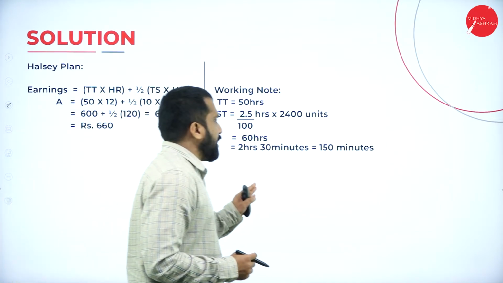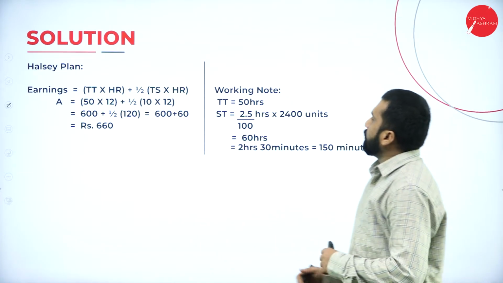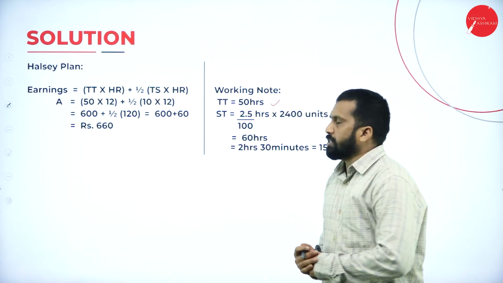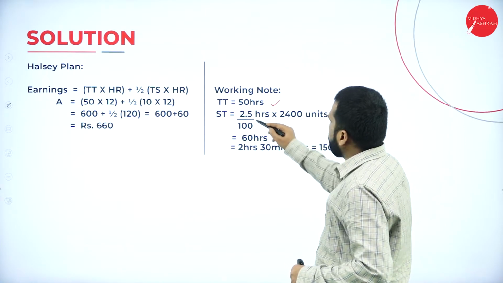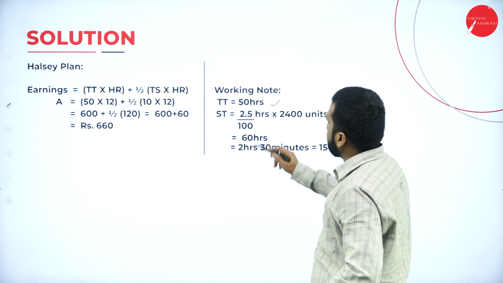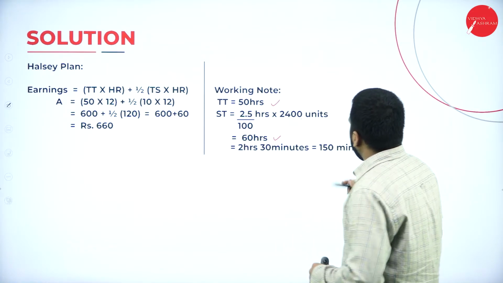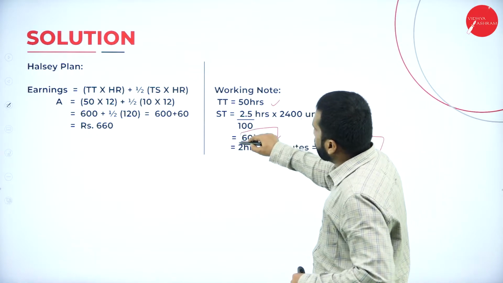Now, already we have the answers here. In this, time taken is given already. It is 50 hours. Now, do all the calculation. 2400 into 2.5 divided by 100. You will get 60 hours. So don't go with this calculation. Up to this is sufficient.